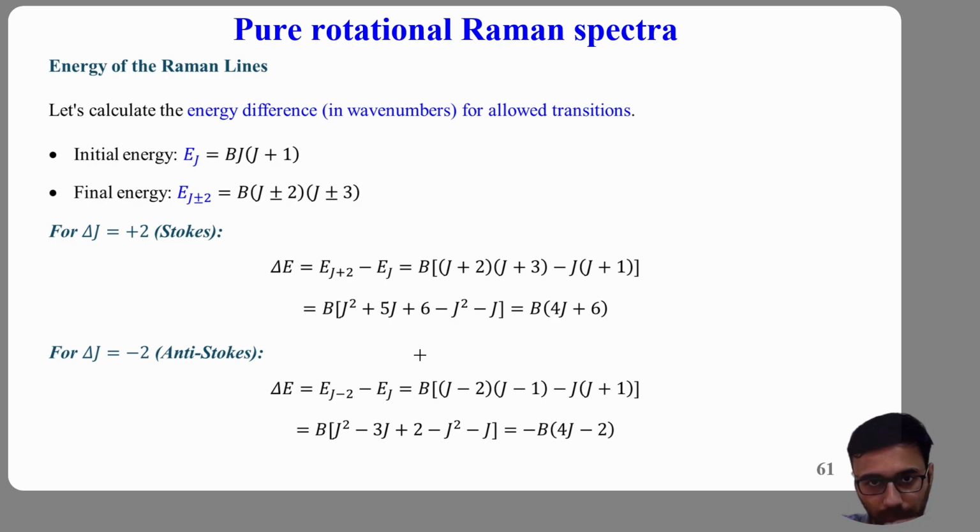Similarly, for the anti-Stokes transition, J goes to J minus 2, the energy becomes h nu naught plus B into 4J plus 6. Notice something remarkable. The energy shifts are perfectly symmetric around the Rayleigh line. That means the Raman spectrum is symmetric about the central excitation frequency.